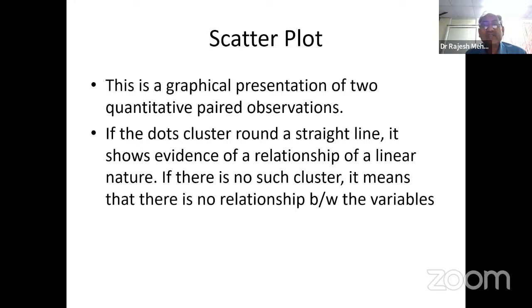If the dots cluster around a straight line, it shows evidence of a relationship of a linear nature. If there is no such cluster, it means there is no relationship between the variables. If there is a flat line, it says there is no relationship, as one variable changes, the other variable remains the same.